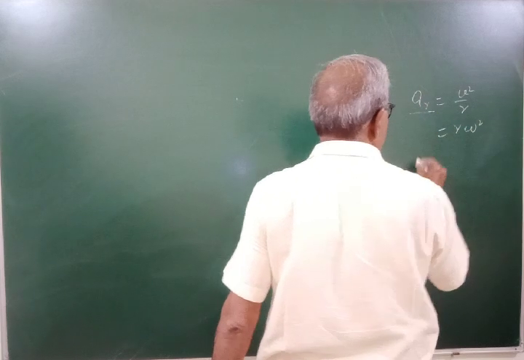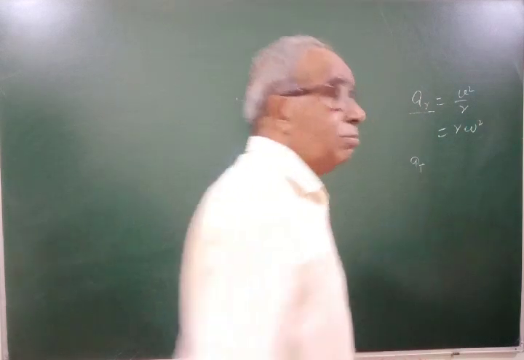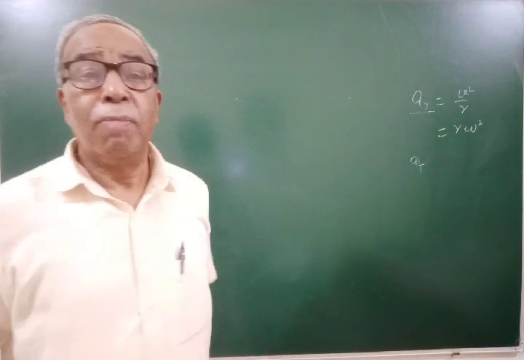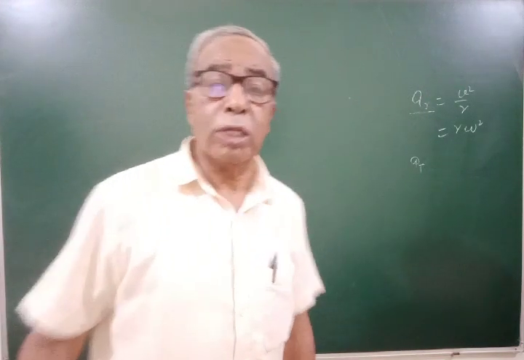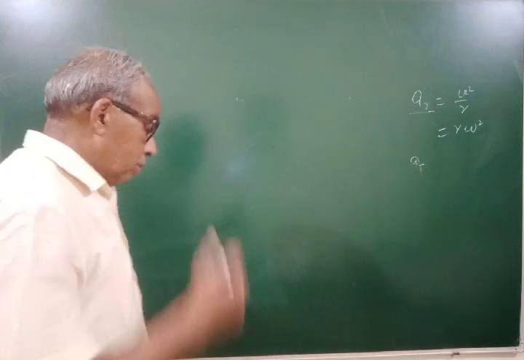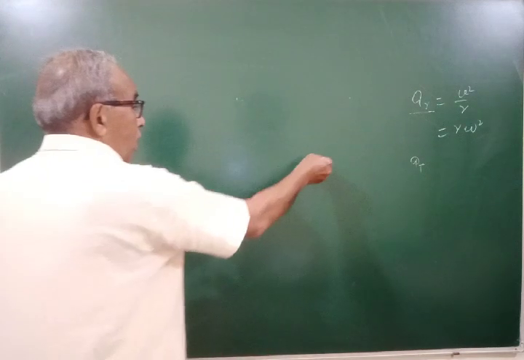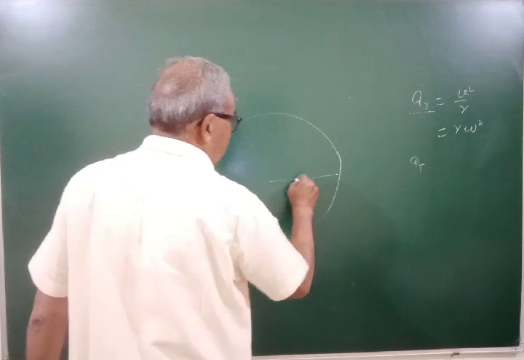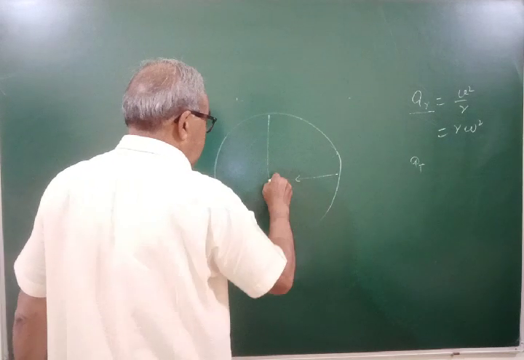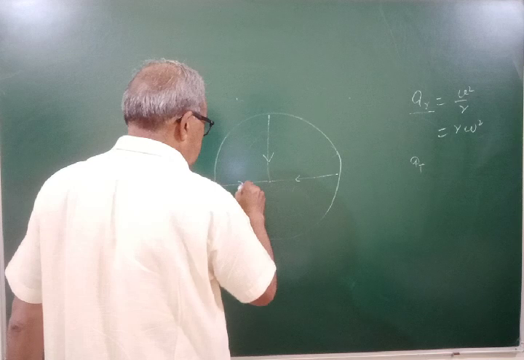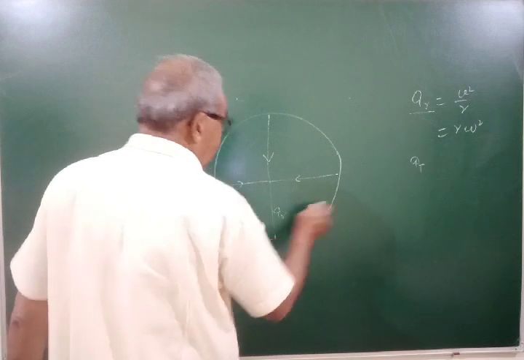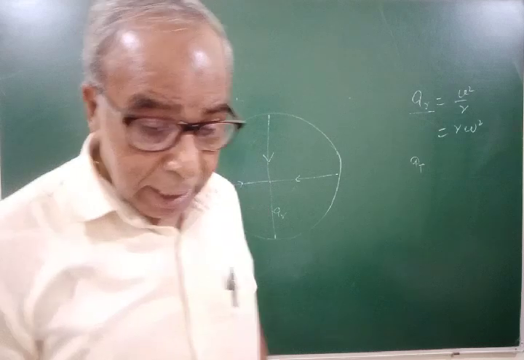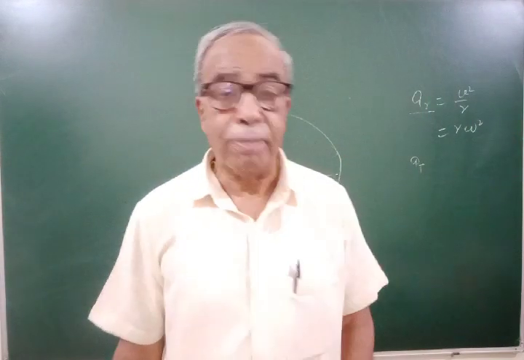Along with this AR, there will be AT at every time, whose direction will keep changing. In uniform circular motion, the average acceleration over a complete cycle will be 0, since AR points in different directions at different points.